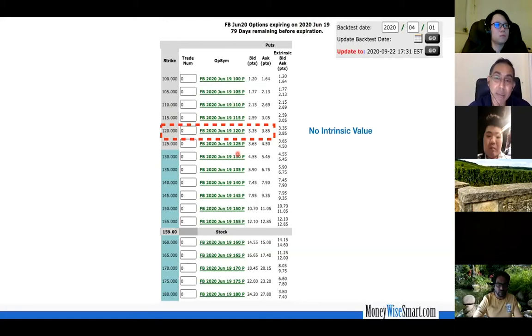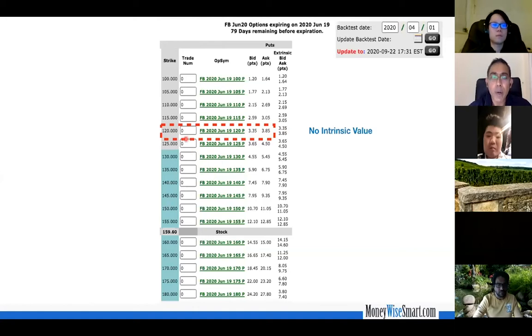That's the reason some people are showing demand for this particular option. That's why they are ready to buy it for $3.35, that is, the people who are bidding. And the people who are selling these options also feel that there is some value because this offers some kind of protection. So they are asking for $3.85.